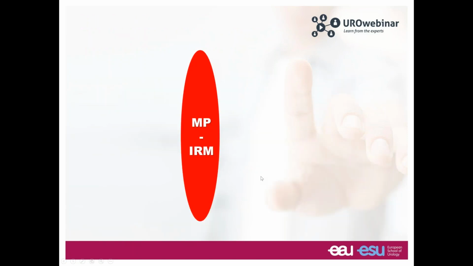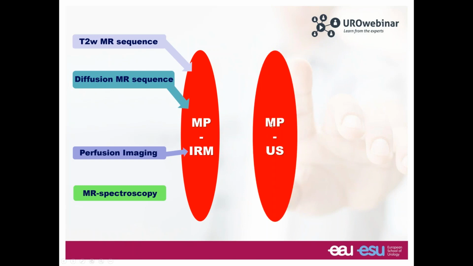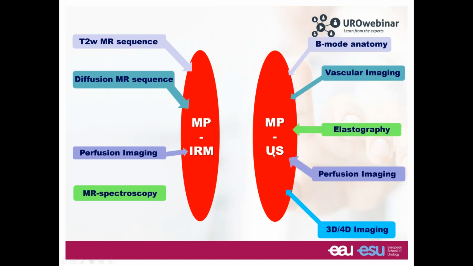On one side we have multiparametric MRI, which combines T2-weighted, diffusion, and perfusion imaging. On the other side, we have multiparametric ultrasound, which is a combination of B-mode anatomy, vascular imaging, elastography, even perfusion imaging, combined with 2D, even 3D and 4D imaging.